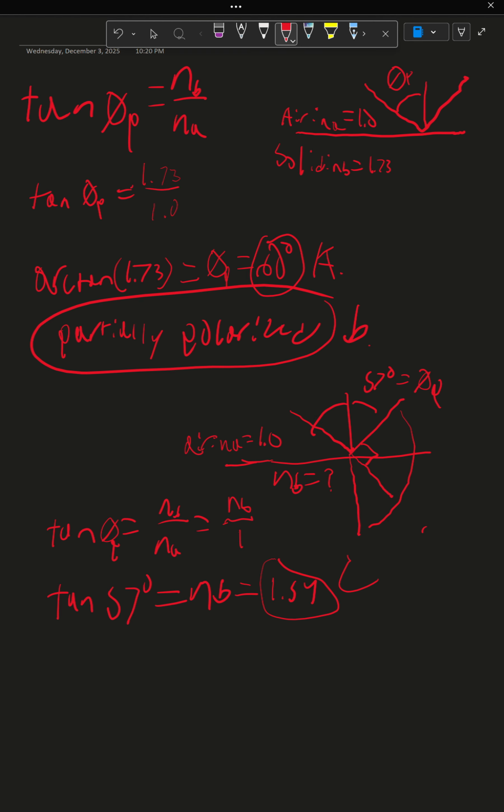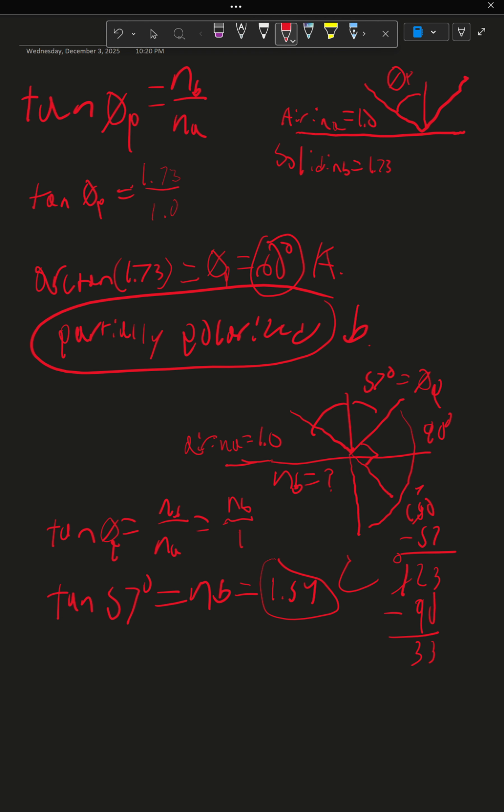So 180 minus 57 is 123. And now we also do the 90-degree angle here, so 123 minus 90 will just equal 33.